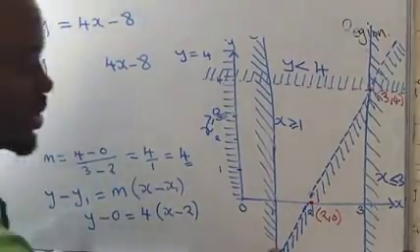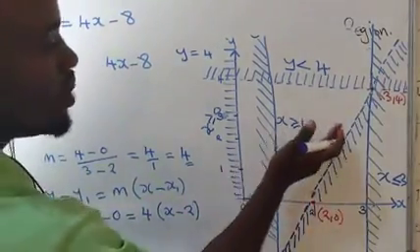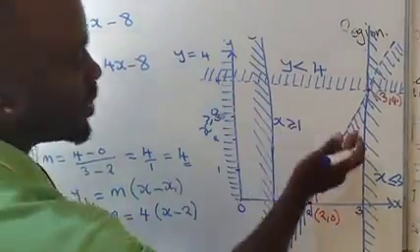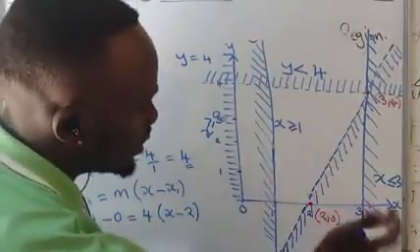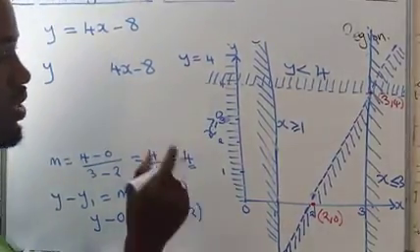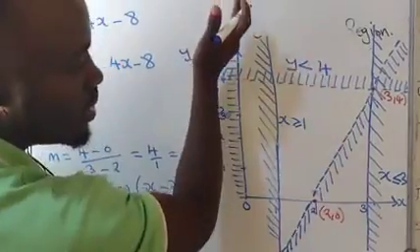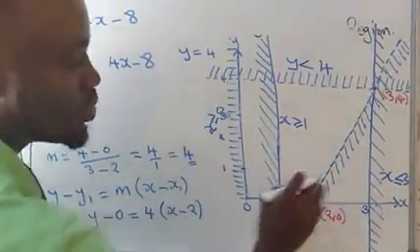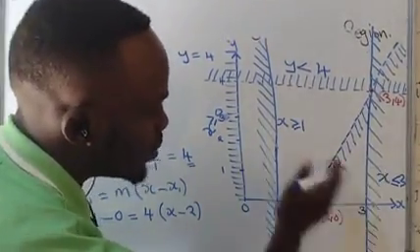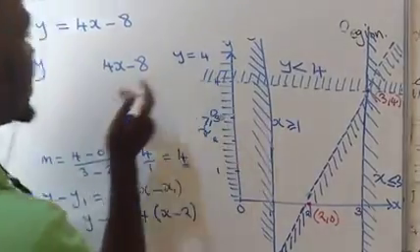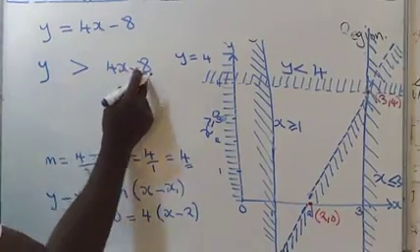So looking at this line, we said the upper region is greater, the lower region is what? Less. So we are describing the unshaded part. The unshaded part is this upper region which is greater. Okay, so if this is less, we are using the opposite of less than, which is greater than. So y greater than 4x minus 8.